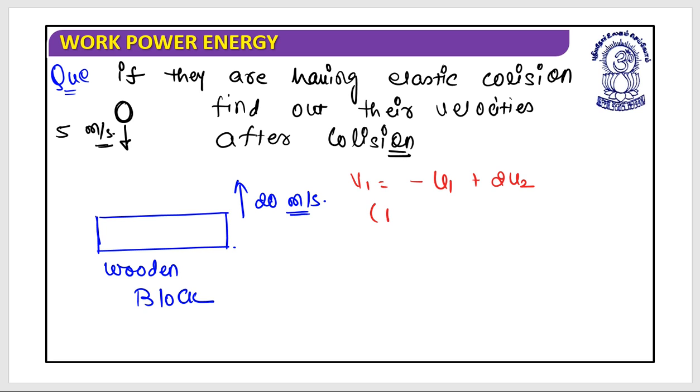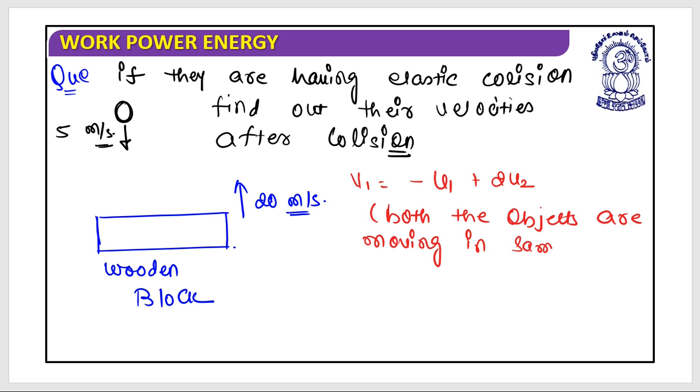This was the case when both objects are moving in the same direction. Yes. So now I need to change this. For my situation, v1 should be equal to minus u1 minus 2u2. I hope this is clear.